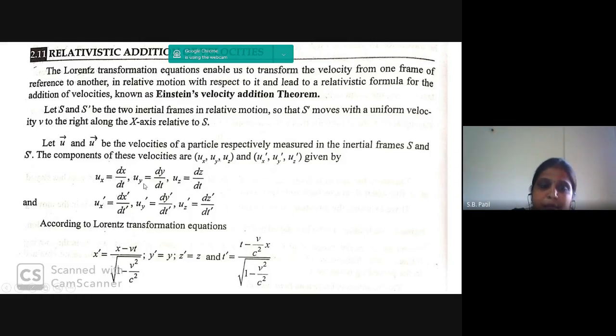In a similar way, uy is equal to dy by dt, uz is equal to dz by dt. Then the velocity components in the S prime frame will be given by the same formula: ux prime is equal to dx prime by dt prime, uy prime is equal to dy prime by dt prime, uz prime is equal to dz prime by dt prime.